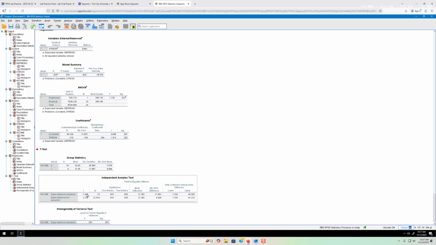So T is 1.929 and P is 0.066. That is not significant. It's not less than 0.05. Therefore, there is no difference between drug users and non-drug users in terms of income. No significant difference. It's close, but it's not good enough, right?